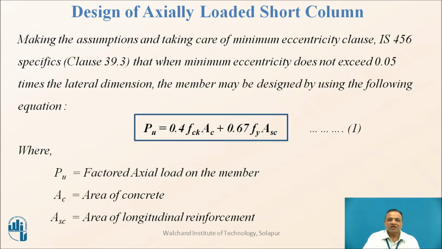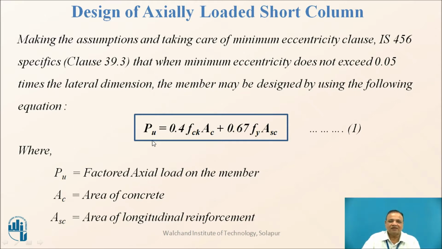And IS 456 specifies that when minimum eccentricity does not exceed 0.05 times the lateral dimension, the member may be designed by using the following equation. The equation is Pu = 0.4 fck Ac + 0.67 fy Asc.